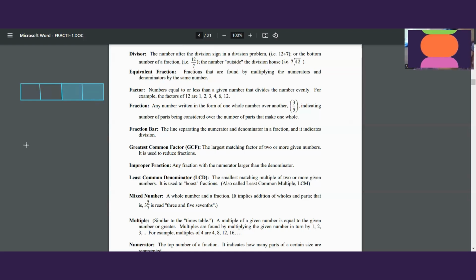It's not letting me draw in this area, so I can just color it for them. So this is half of the bar. This is what we are calling a fraction bar.